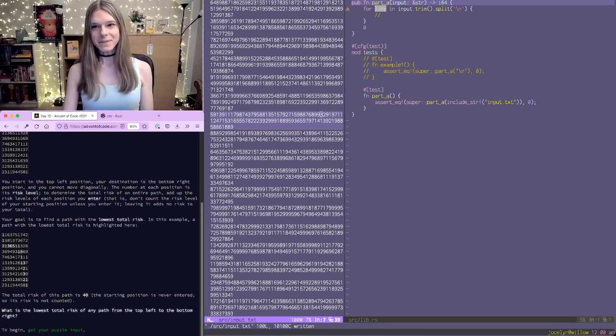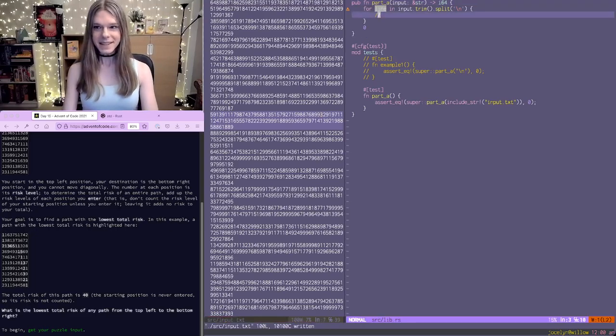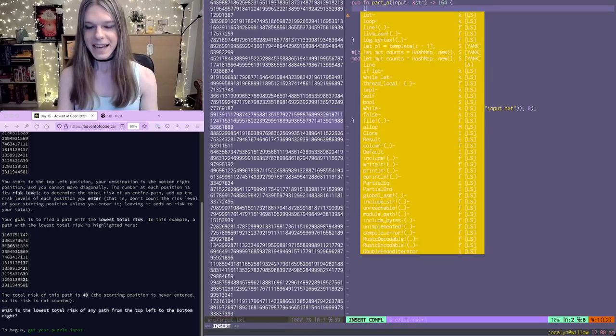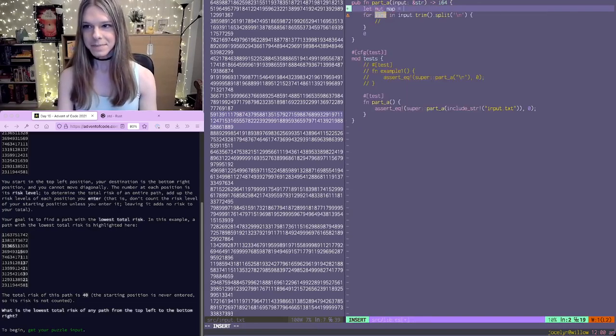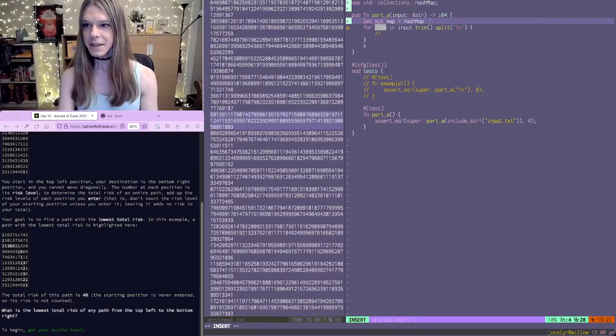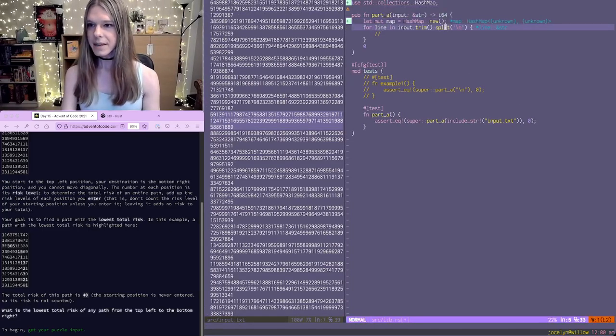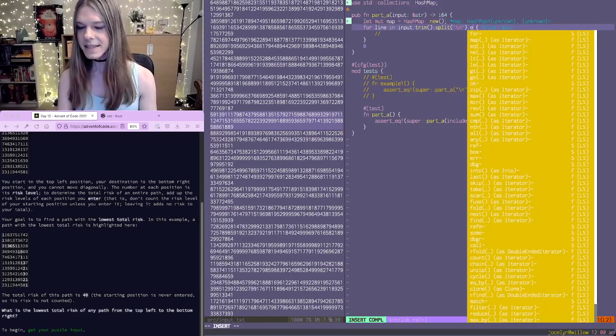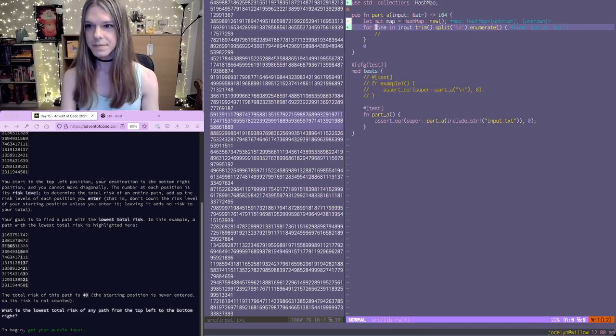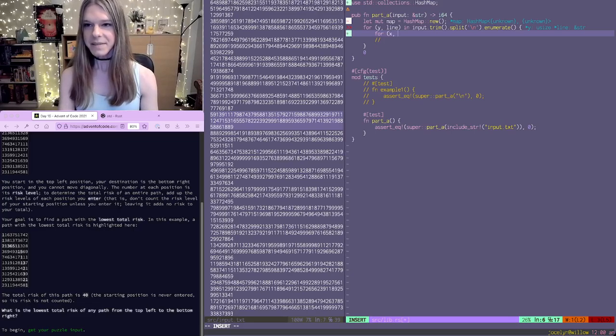Alright, okay, so this is actually just the graph. So first of all, we're going to parse it. As always, we're going to use a hash map for that, so HashMap::new. We're going to enumerate these, and then same over here.